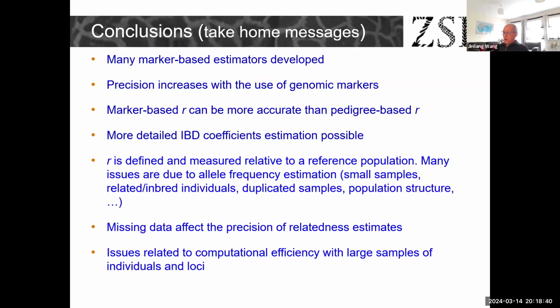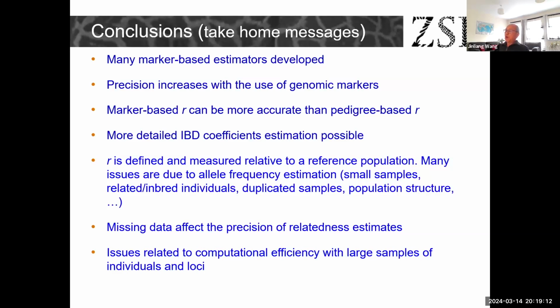Yeah, there are some issues with computer efficiency with larger samples in relatedness estimation, but I guess this is only relevant for human data sets. Currently, it's not a problem with conservation, for example, because samples are always not too big, but actually too small.